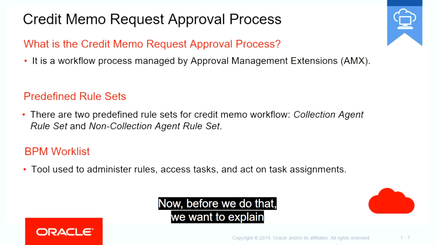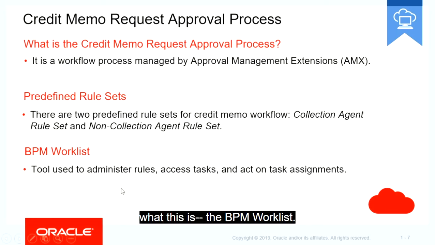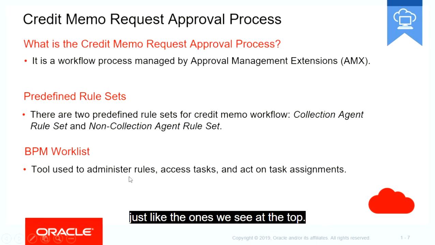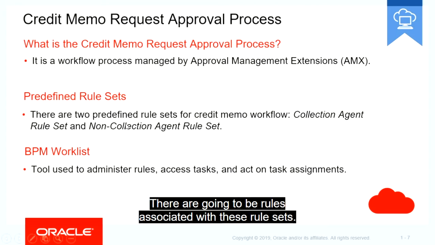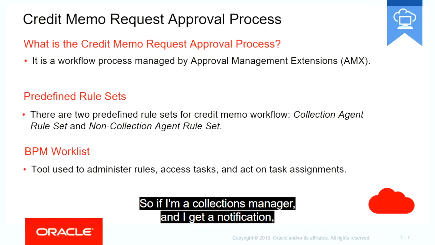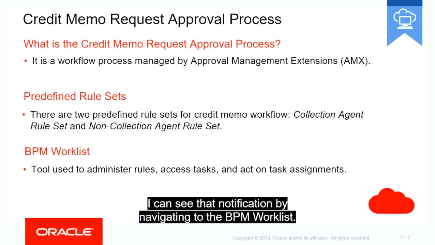Now, before we do that, we want to explain what this is, the BPM work list. This is the tool used to administer rules, just like the ones we see at the top. There are going to be rules associated with these rule sets. But not only that, that is the tool that you will use to access a workflow task. So if I'm a collections manager and I get a notification, I can see that notification by navigating to the BPM work list.